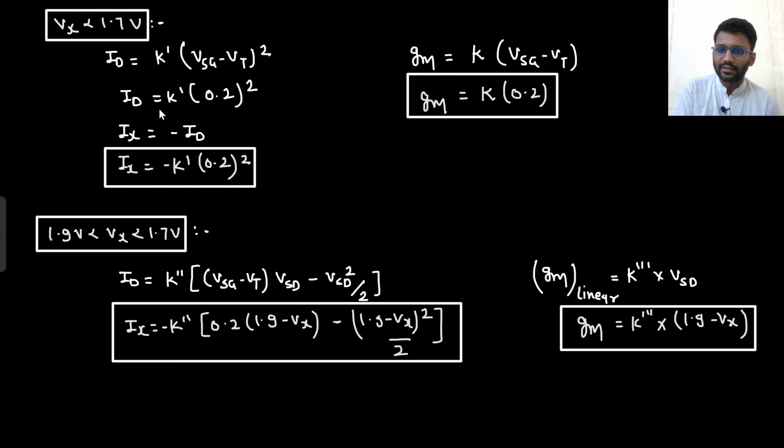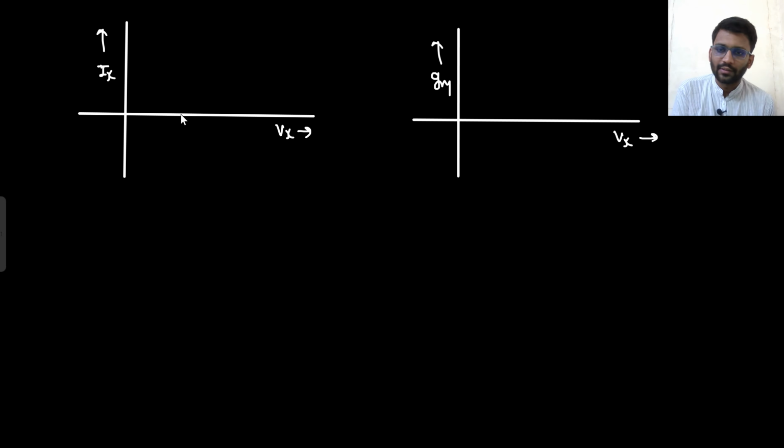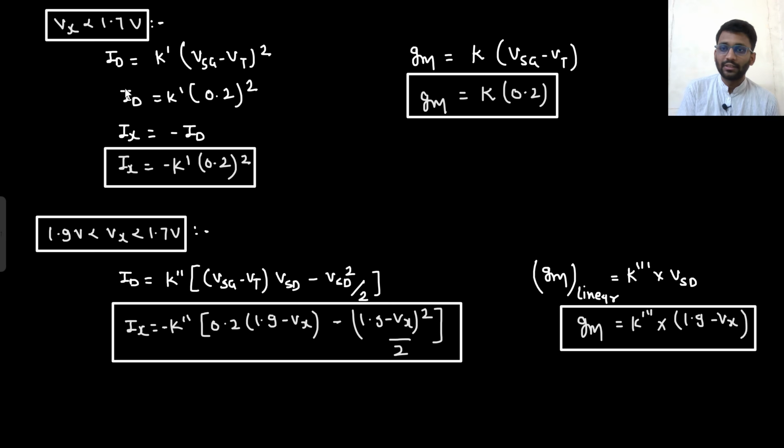So Ix versus Vx till 1.7 volt. This is 1.7 volt. So till 1.7 volt, what is the expression of Ix? That is some constant value. This is also a constant value. This k will be some positive value only, mu n Cox W by L, whatever the k is.